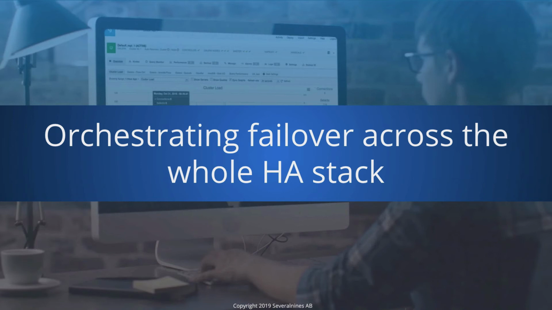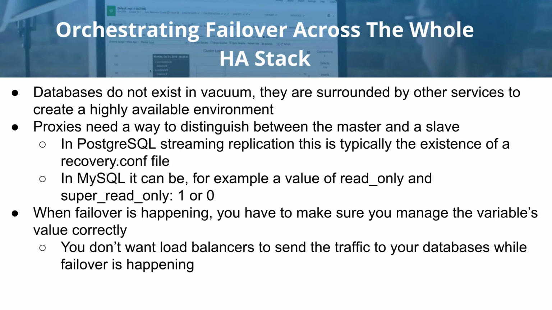Next is orchestrating failover across the whole stack. Databases do not exist in a vacuum. They are surrounded by other services to create a highly available environment. The proxies need a way to distinguish between the master and the slave.